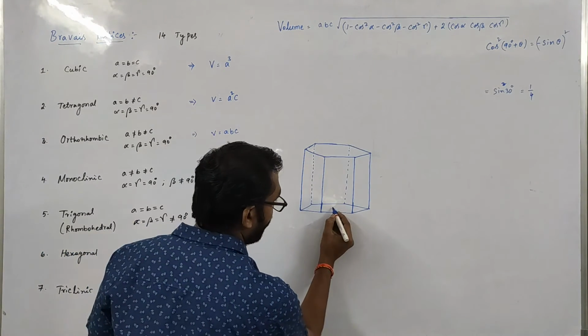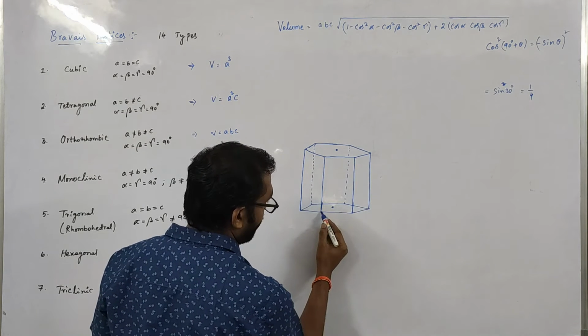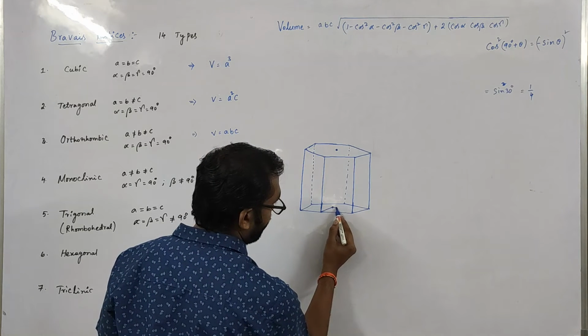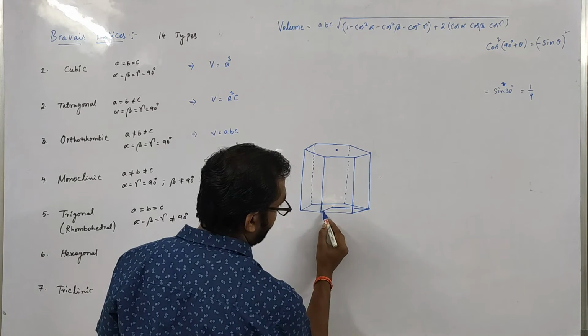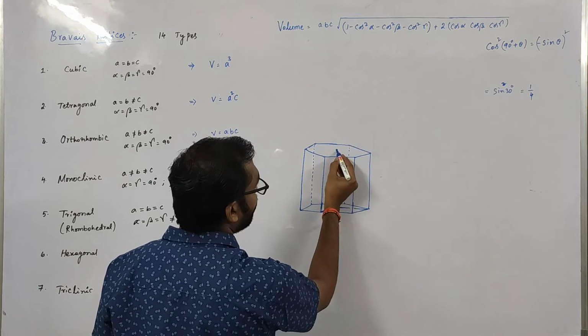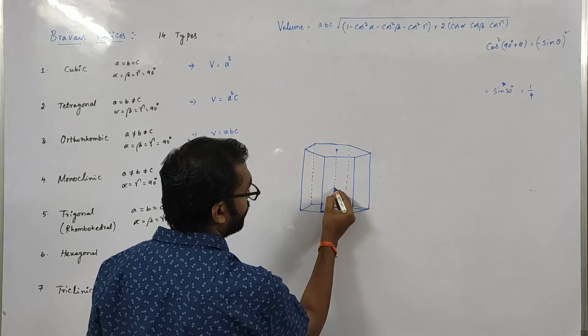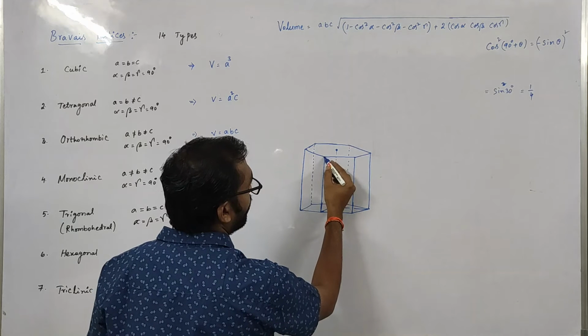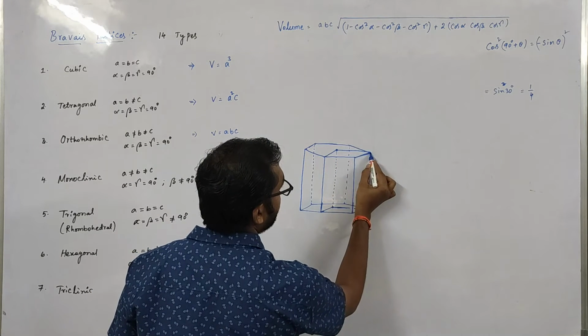If I take this as the center, this as the center, observe here. From this center point, what is this?